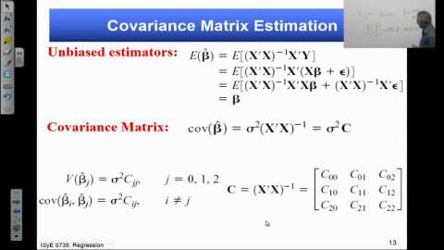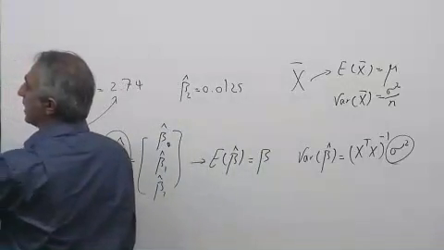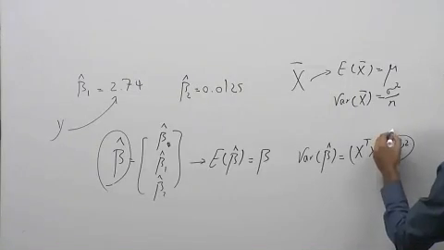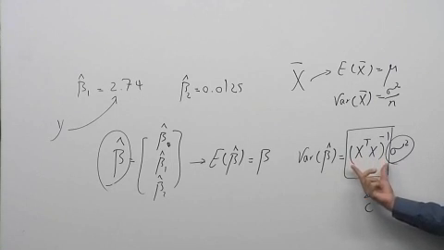So what do I mean by covariance matrix? This covariance matrix has some elements. By the way, let's call this matrix C, because this is a matrix.